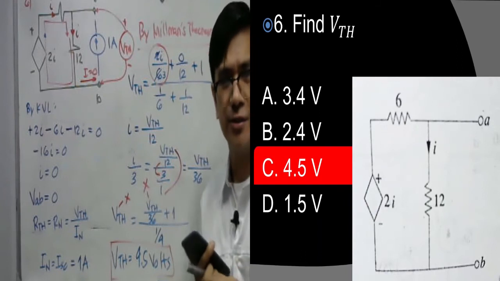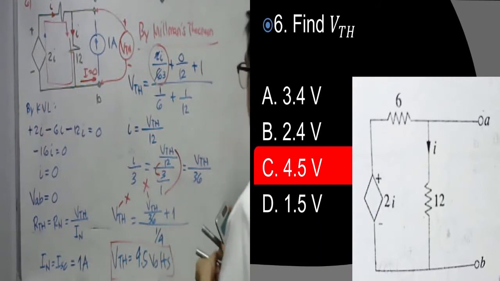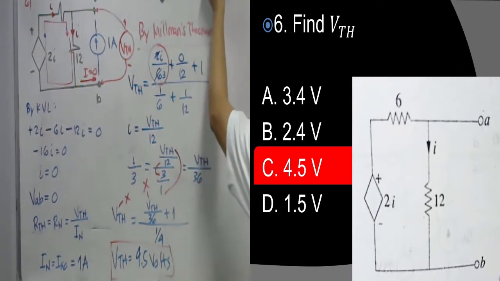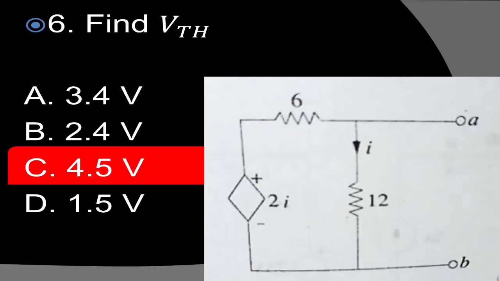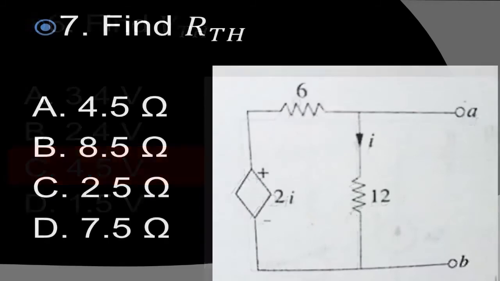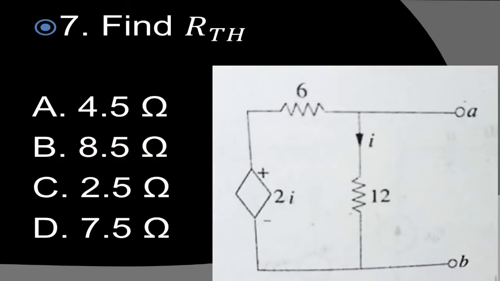There's a follow-up question for number 7. What is the next question? Find the RTH. RTH is simply equivalent to RN. The Norton's and Thevenin's resistance are just the same. So, we have here our RTH.